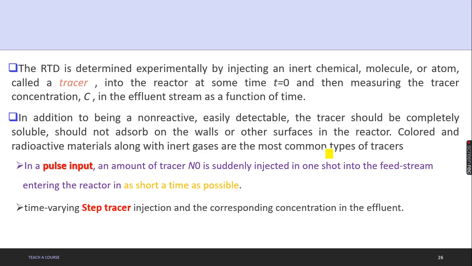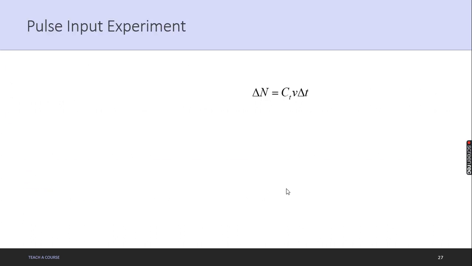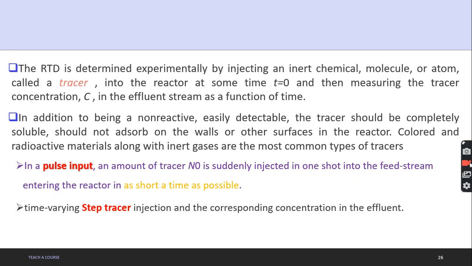During this run, after some time the concentration in the exit will become identical to the inlet concentration. This is known as the step tracer experiment. We can also do it for a time varying scenario. We'll discuss the derivation in the next class.